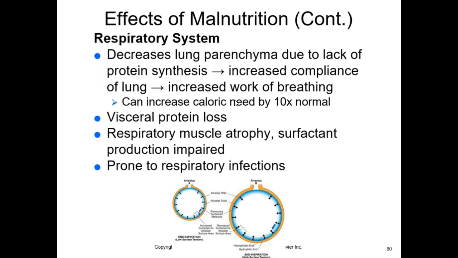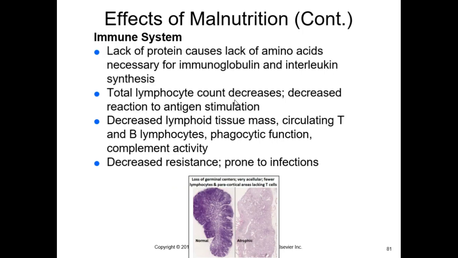That's really all of it. So decreased lung parenchyma because you don't have enough protein synthesis. In your immune system, you're going to have a lack of protein, meaning you can't synthesize new immunoglobulins, interleukins that are part of different immunological pathways. You're going to have an impaired immune system.